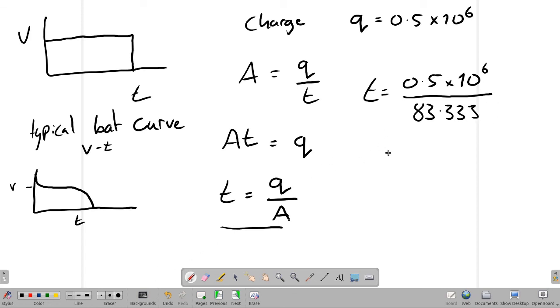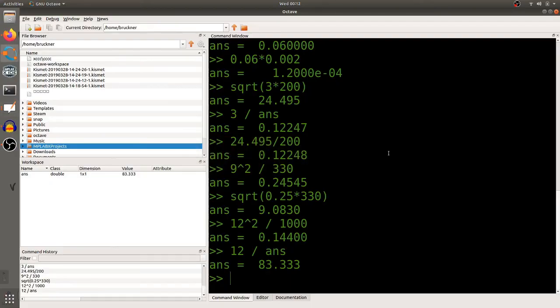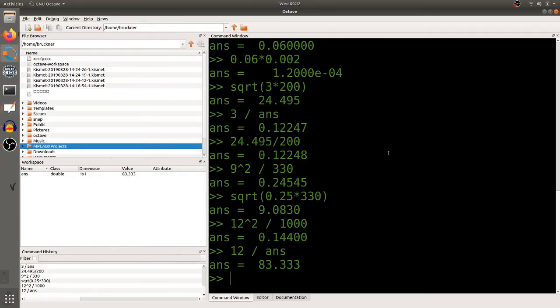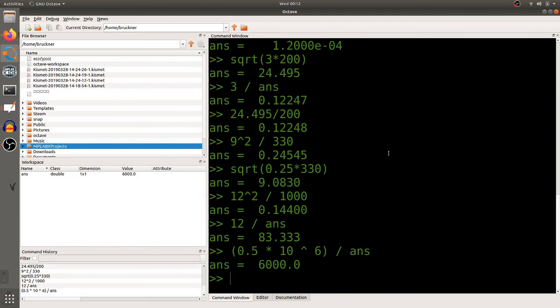Now we can put that in the calculator. 0.5 times 10 to the power 6, and we'll divide all of this by our previous answer, which was the current. And this gives us 6,000 seconds.